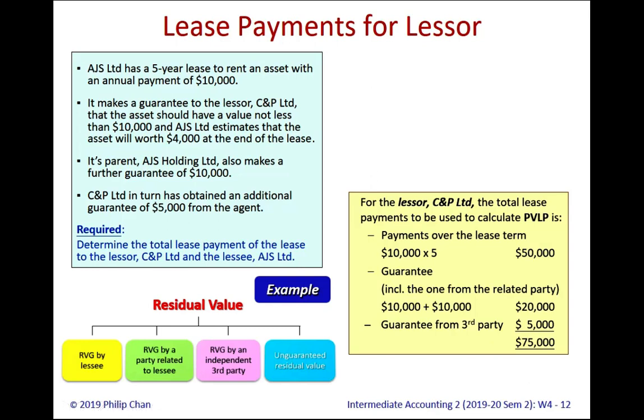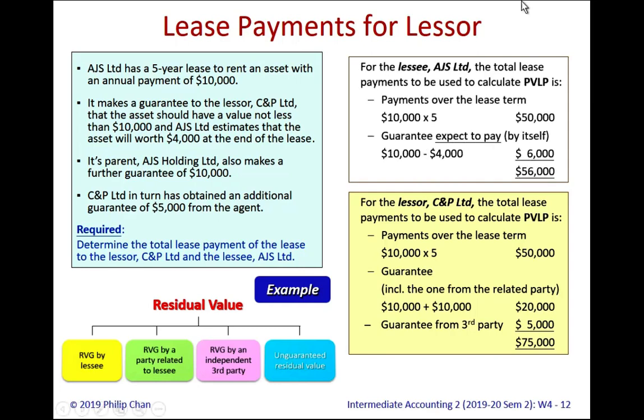Okay, now let's talk about the lessee, which is AJS. From AJS's point of view, total lease payment would be 5 years, each year 10,000, so 50,000. But the RVG that the lessee has to bear would be the contracted amount minus what the lessee believes the asset would be worth at the end of the lease, which is 4,000.